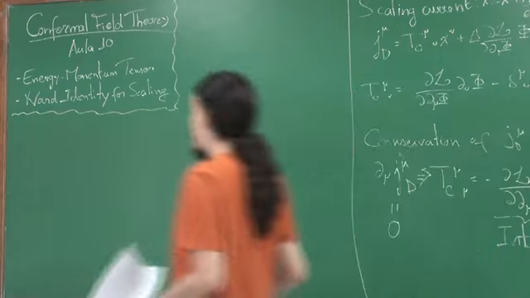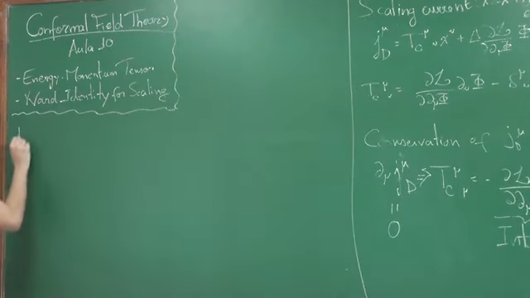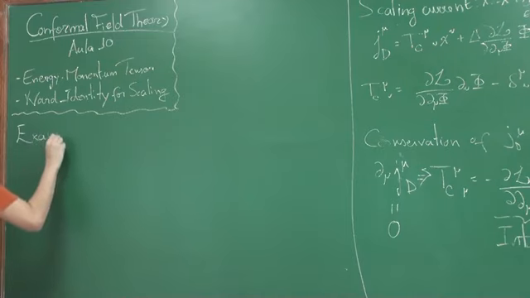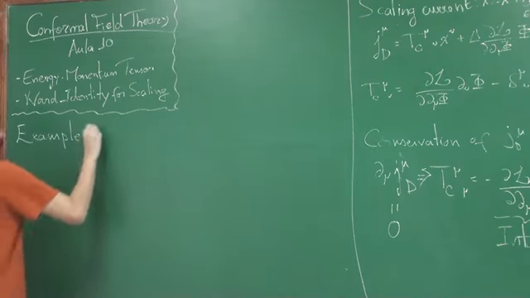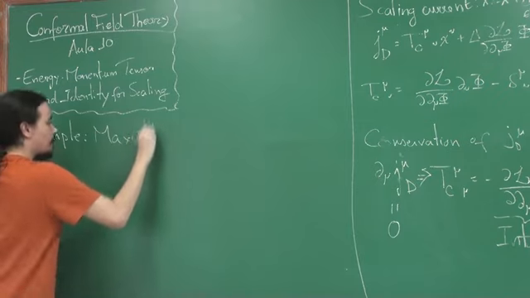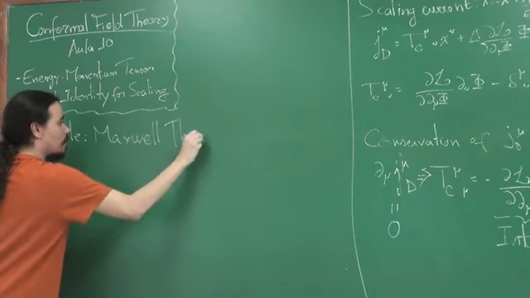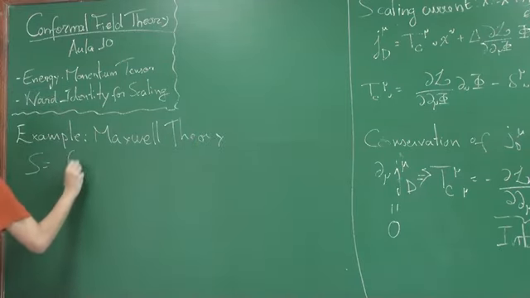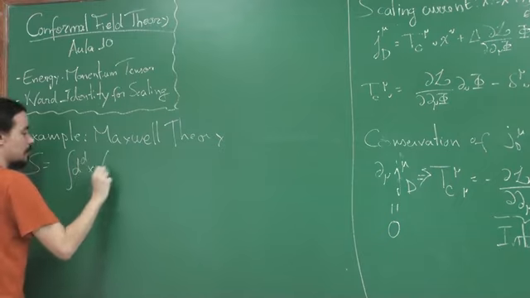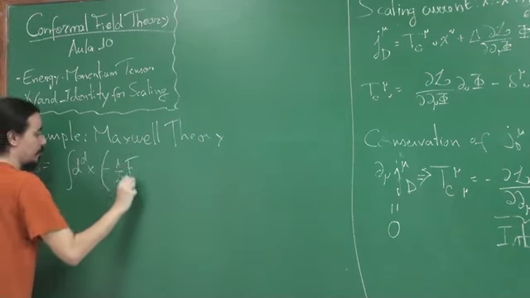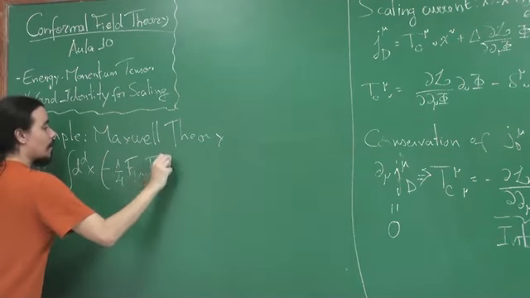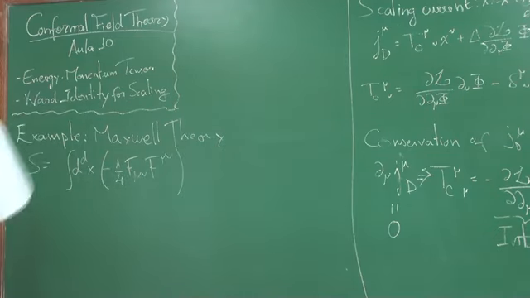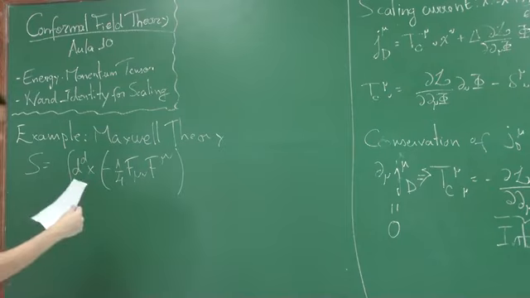So of course the action for the Maxwell theory is, okay, this is another example, Maxwell theory. The action is of course just, if you're writing in d dimensions, one over four times the field strength squared. Free Maxwell theory, no sources.